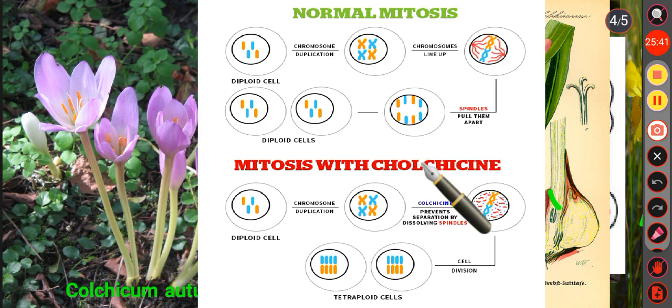It means colchicine arrests or breaks the spindle fiber. So because of its property of arresting and breaking the spindle, the doubling of chromosome number occurs. Okay. So here you can see that in the daughter cell, the number of chromosomes is just double that of its mother cell. So the plant breeders use colchicine to develop polyploid plants with the desired characteristic.